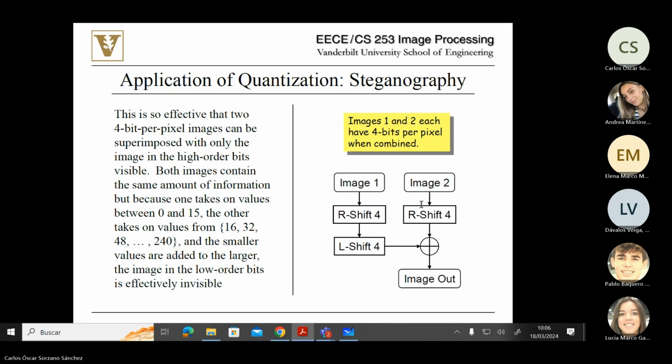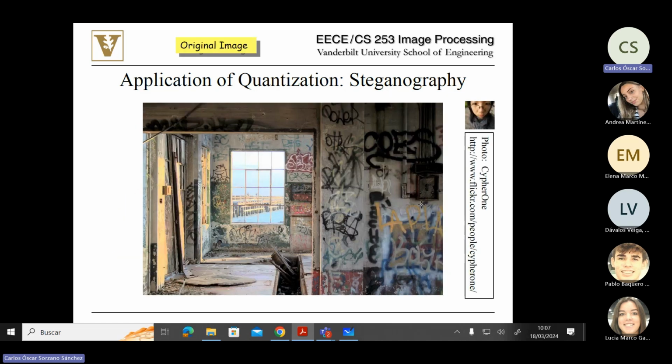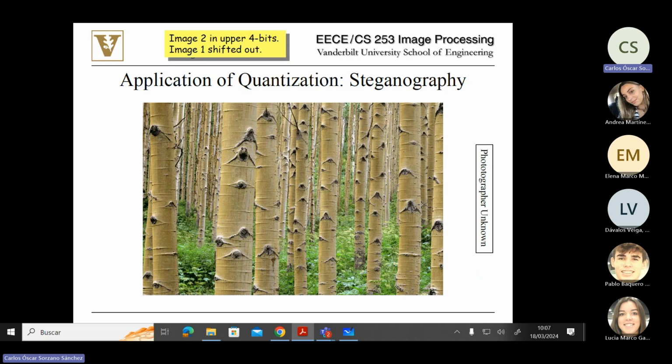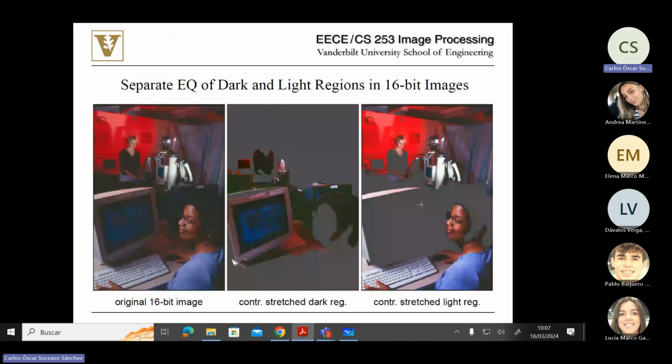Copyright. If you want to copyright, you don't need to do it in the whole image. You can take a corner here and put a value. That's it. You can very easily check whether this is your image or not. Okay, any questions so far?